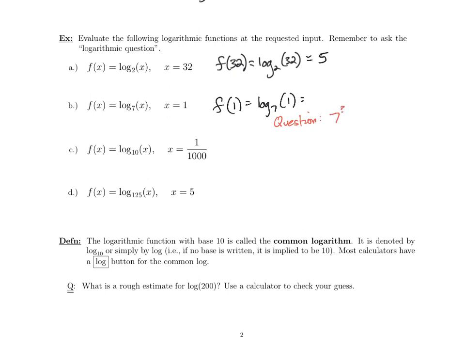I'm thinking 7 to this power has to equal 1. So the thing that's going to work here is 0. So the exponent is 0. Similarly, for the previous one, the question I asked in my mind was 2 to this power equals 32. And so the answer is that the power I needed was 5. Okay, let's go on to the next question.